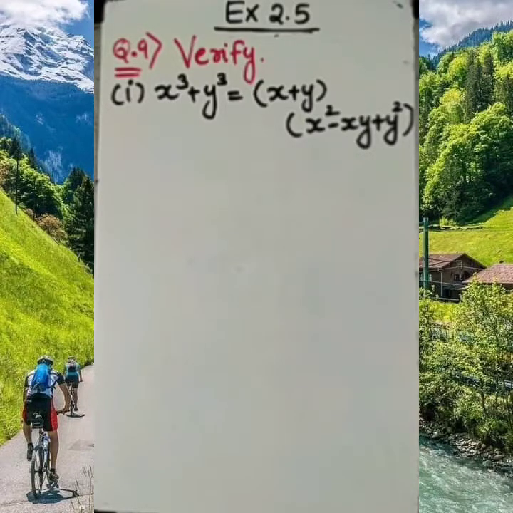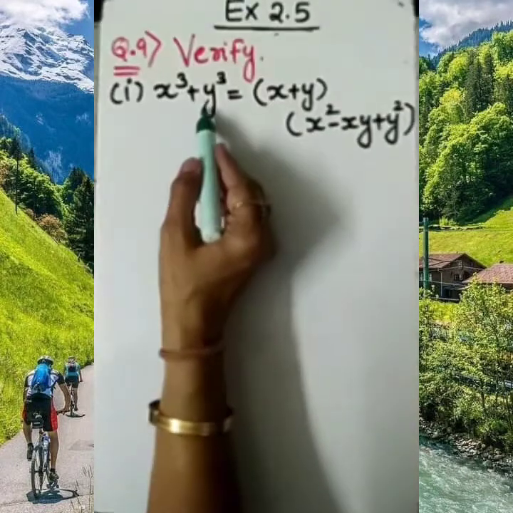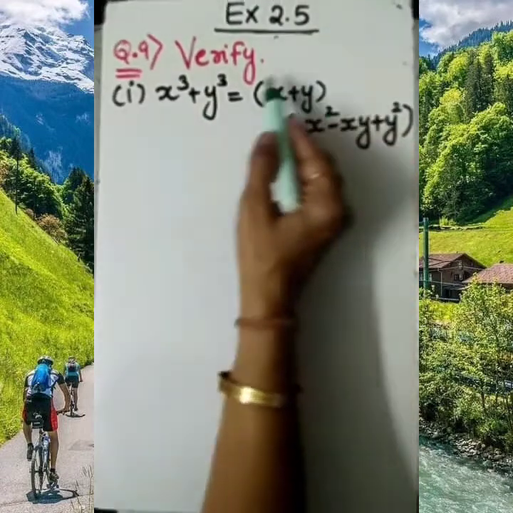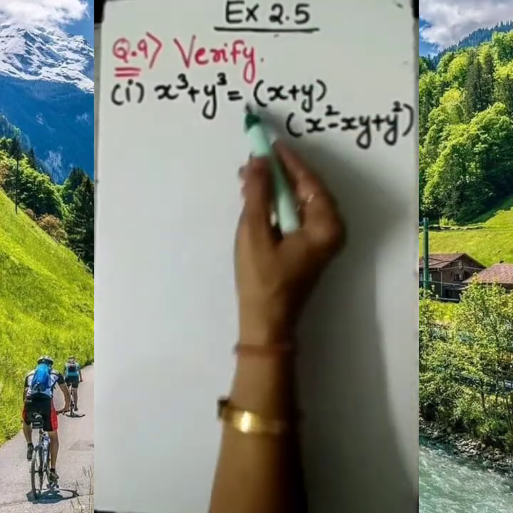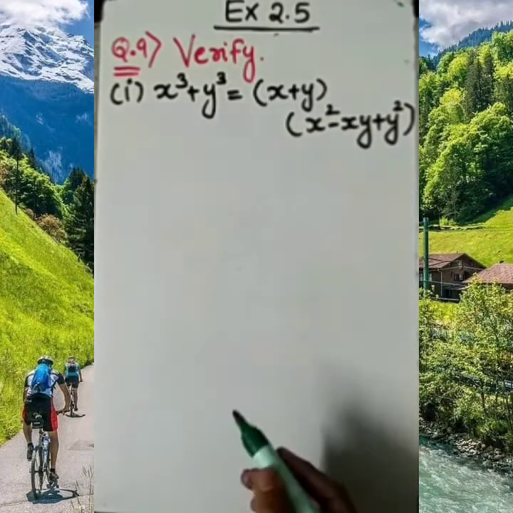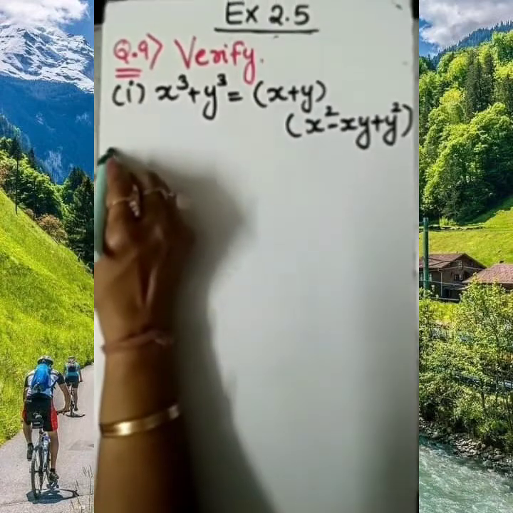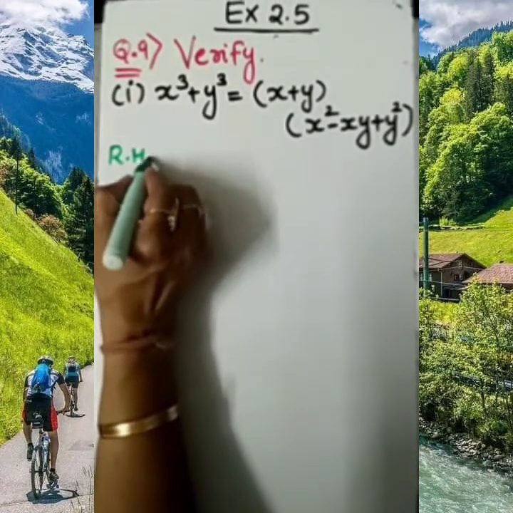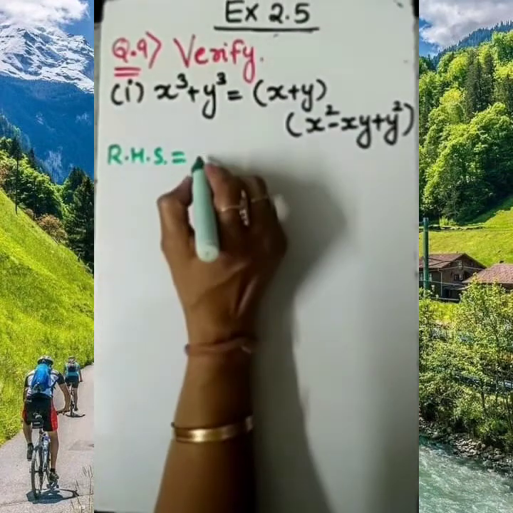So let's begin with that. Here this I am calling LHS and this I am calling RHS part. I am explaining this with the RHS. Let me work out on the RHS.